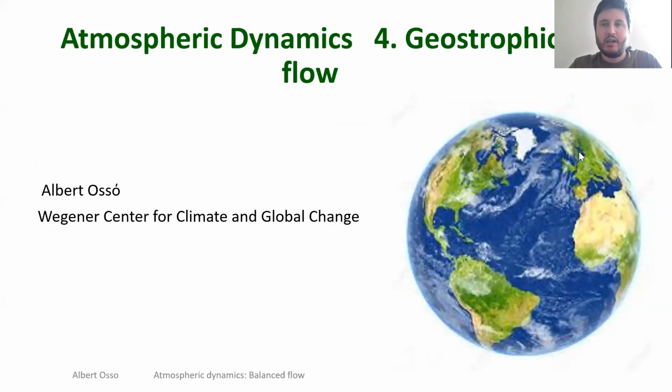Okay, better. So remember the last time, we derived the equations of motion for the atmosphere of a rotating planet. We presented these 5 equations that totally describe all the movements in the atmosphere.